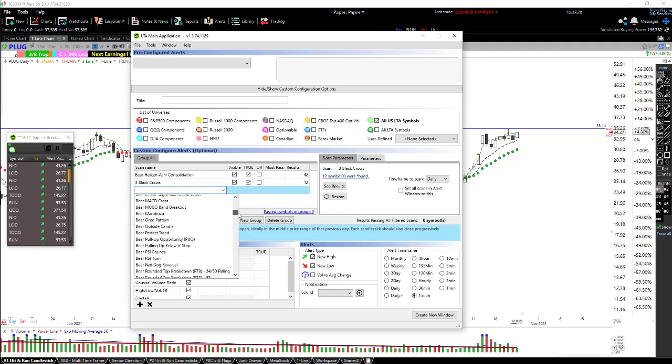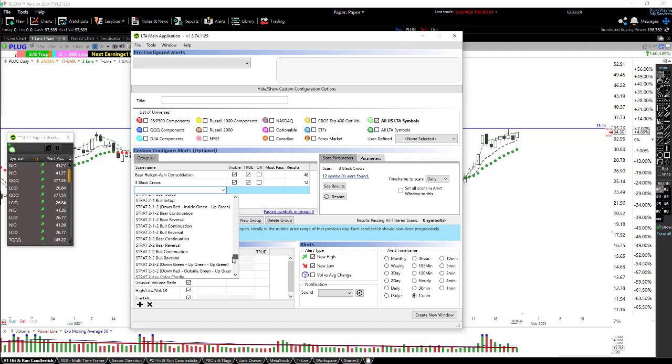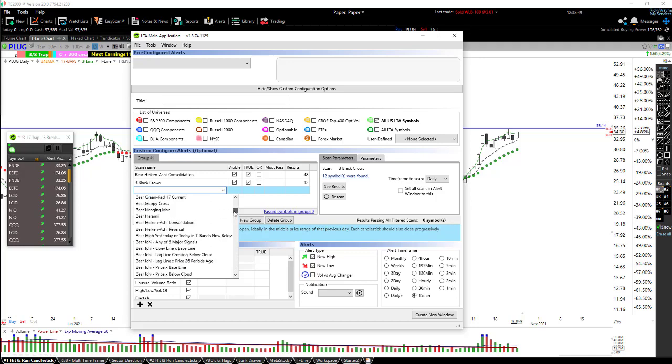There are bearish, there's bullish, there's every indicator under the sun. And if you don't like anything right here, then Ed will build something particular for you.